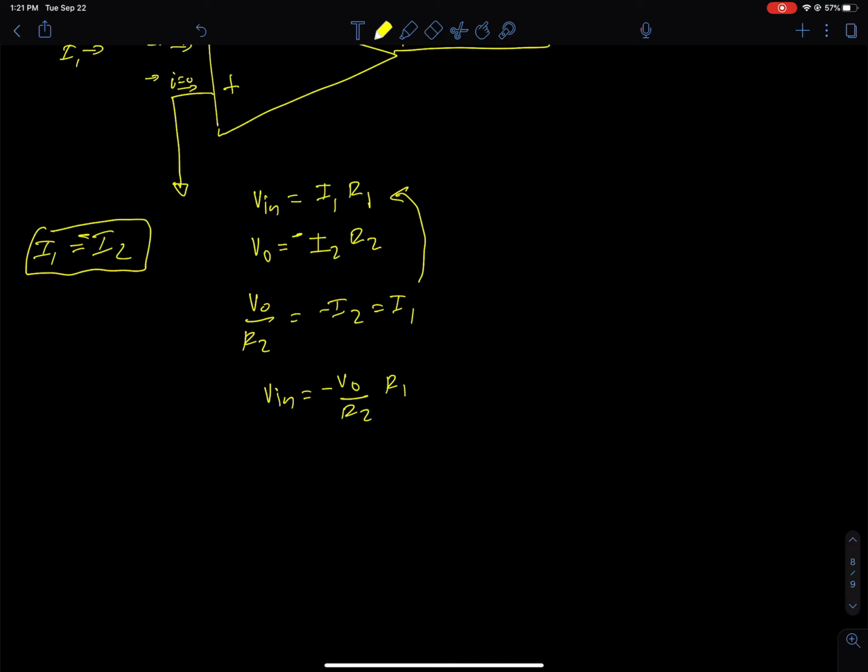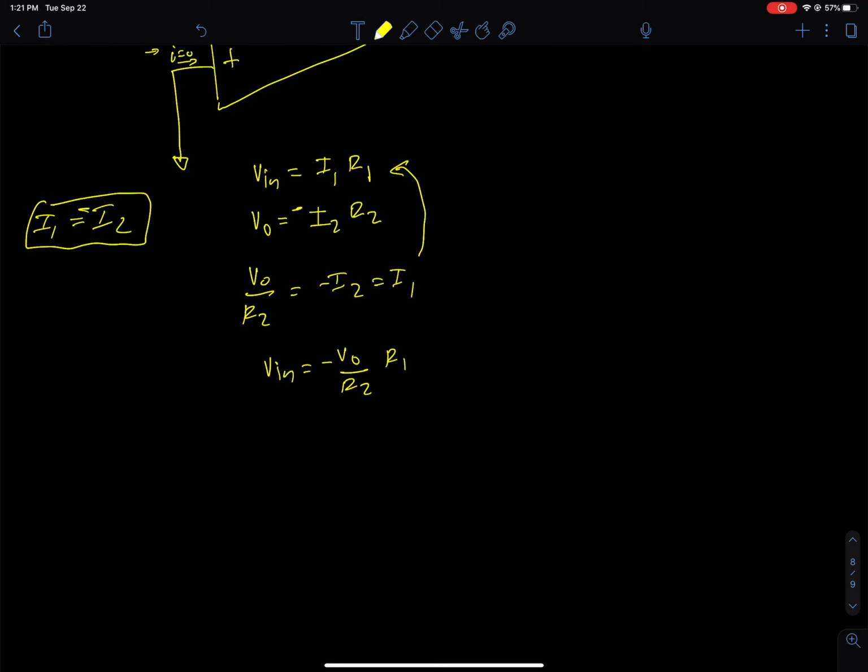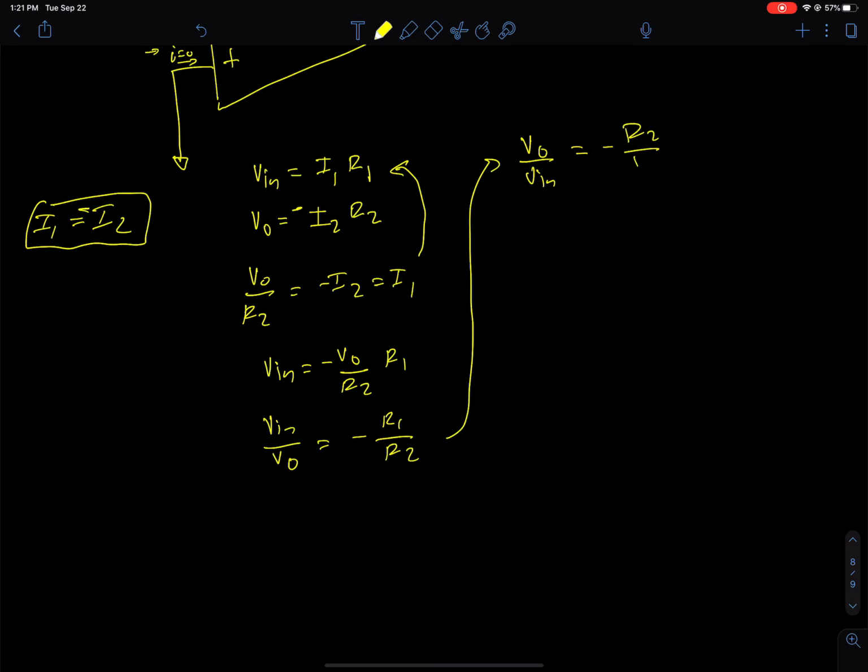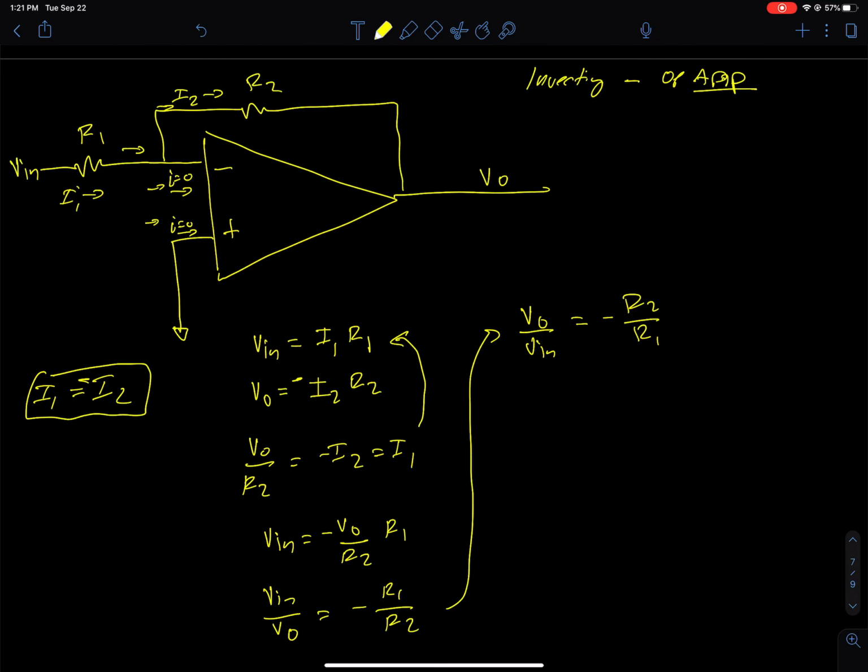We could do some division. We could say that Vn over Vout is equal to minus R1 over R2. We flip this. We could say Vout over Vn is equal to negative R2 over R1. Now, this negative is essentially, I shouldn't have written a negative I2 right here, it should be I2.